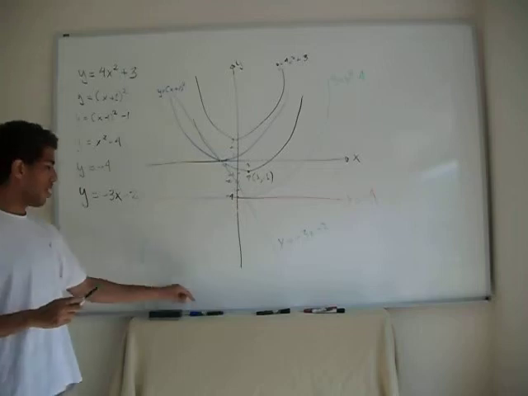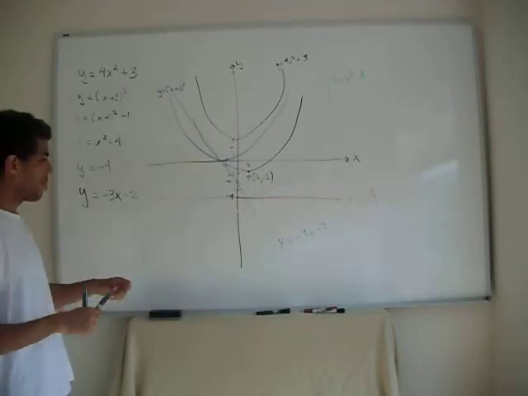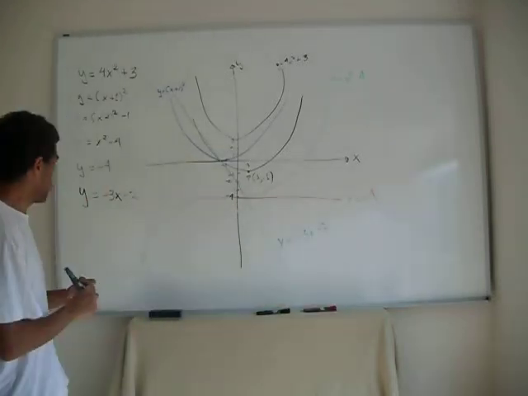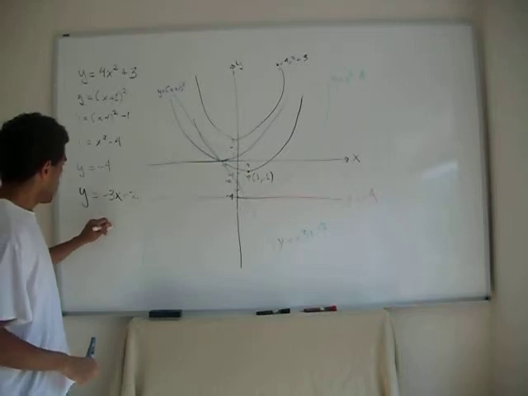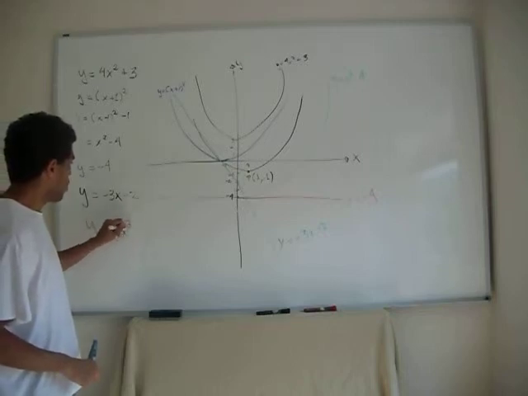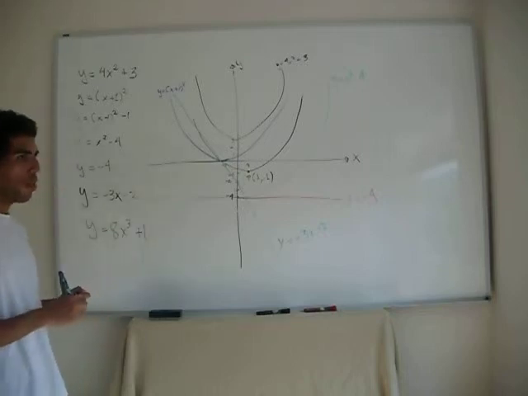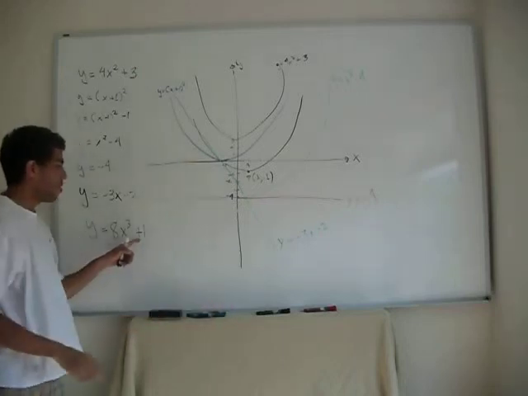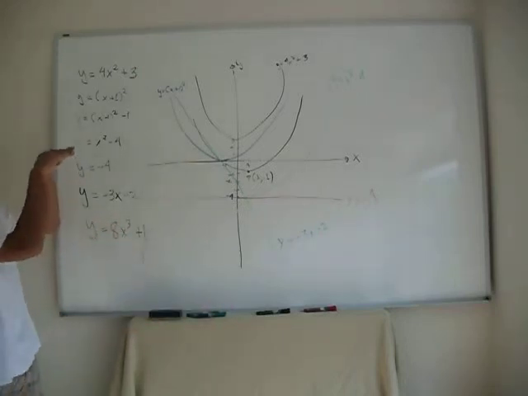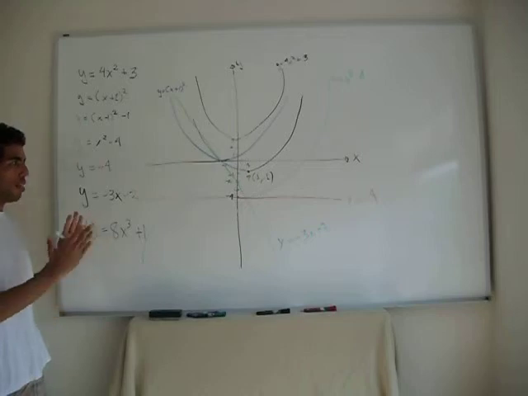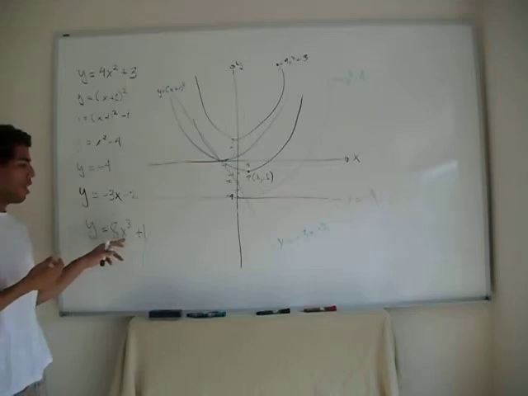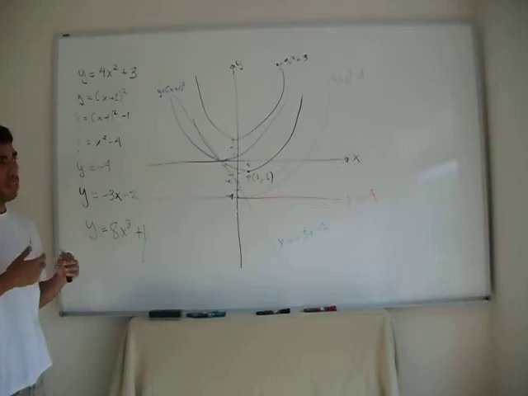If I had something like, say for instance, y, let's use the black marker again, 8x cubed plus 1, well, that would mean that number 1, the function is displaced one space up. But it also means that the degree that the function grows is quicker. Okay? So 8 times x cubed grows quicker. If I would introduce a 1 in x right here, we would have 1 times 8 plus 1 would be 9.